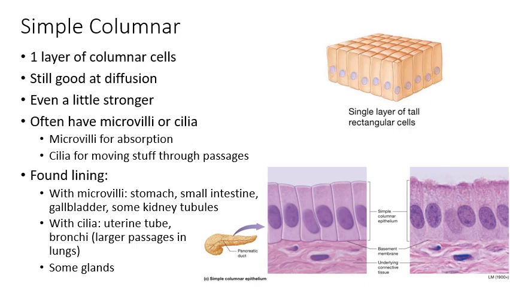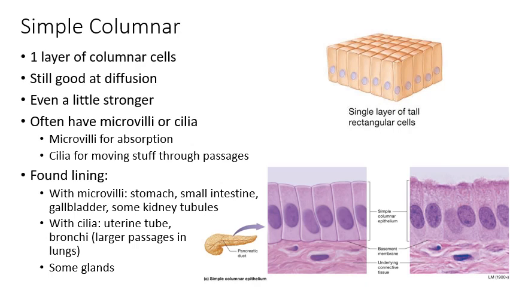So simple columnar tissue is still just one layer of cells, so it is still pretty good at diffusion and absorption, but it's not nearly as good as simple cuboidal or simple squamous. And it's even stronger still than those other simple tissue types.